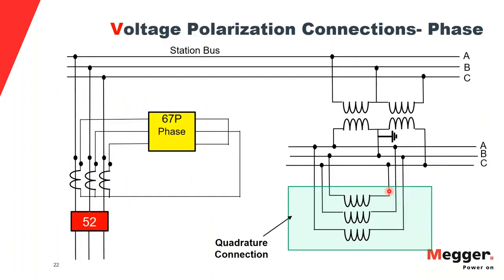So let's now take a look at the connections, how the connections are in the field. I have a station bus here. I have some CTs. I have three-phase CTs going into this breaker, and then I have open delta connection for sensing my voltage. That's my PT. And this is open delta or B phase grounded.